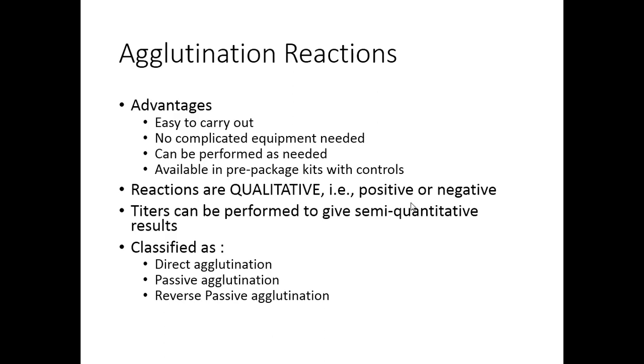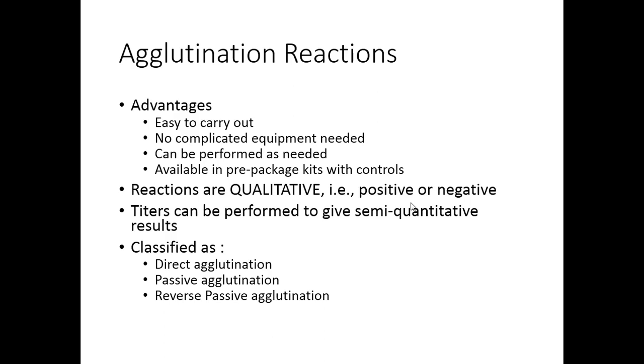Some of the advantages of agglutination reactions over precipitation reactions, or another type of reaction, is agglutination reactions are really easy to do. We see them on a slide with a latex agglutination or in a test tube for red cell agglutination.